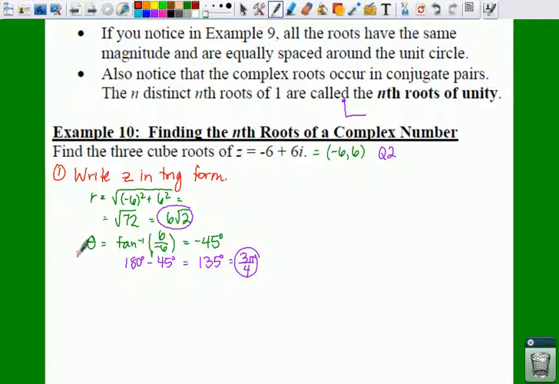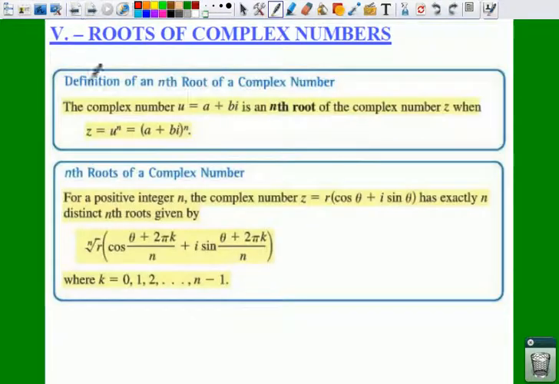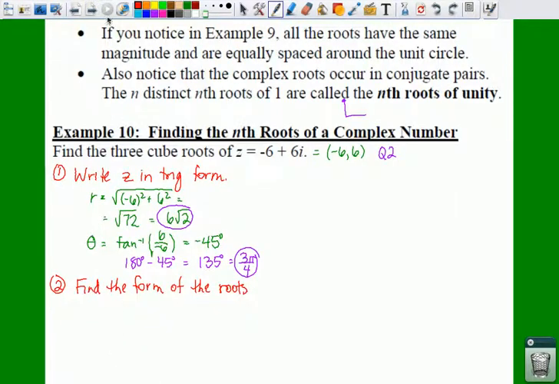So the second step is we need to find the form of the roots, and that is where we use the formula that is given to you. So that's this formula back here that we have to use right here. And so we're going to get the third root, because we're trying to find 3. So the third root of your 6 radical 2. It's not going to be very pretty.